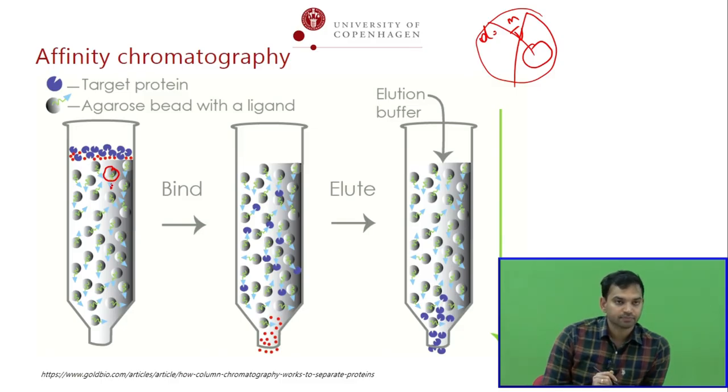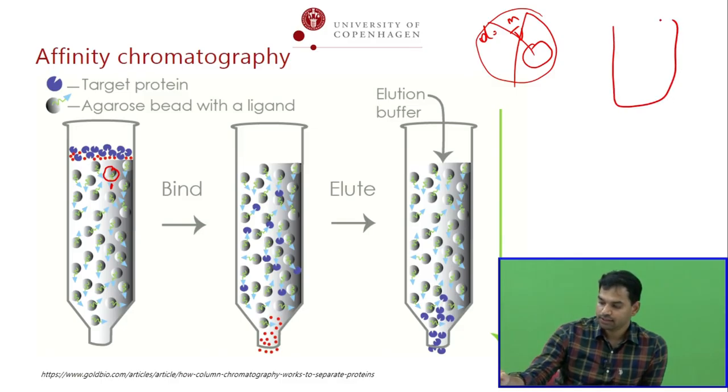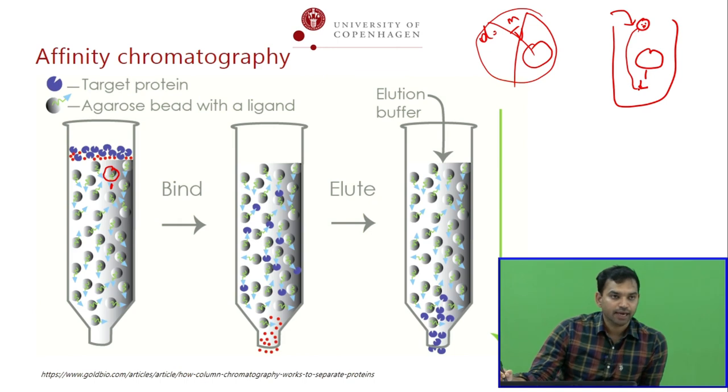Can you see? The beads contain some type of ligand, L, right? Now, if you add a protein, this is my protein, right? If the protein likes the ligand, it attaches to the stationary phase. Whatever does not like the ligand just passes through.